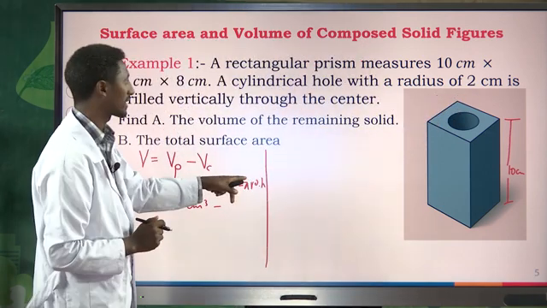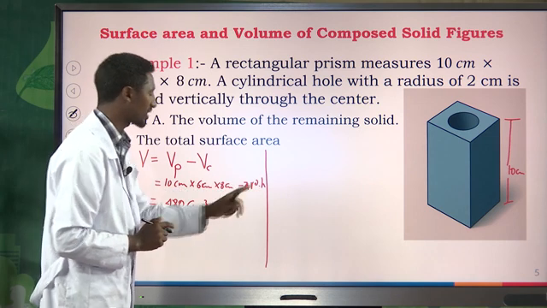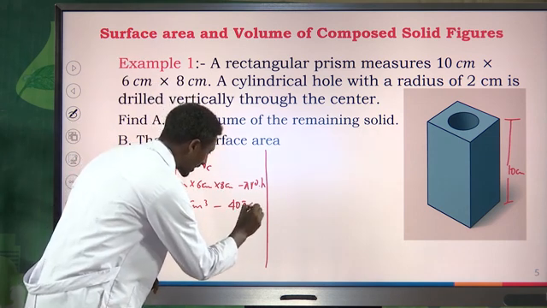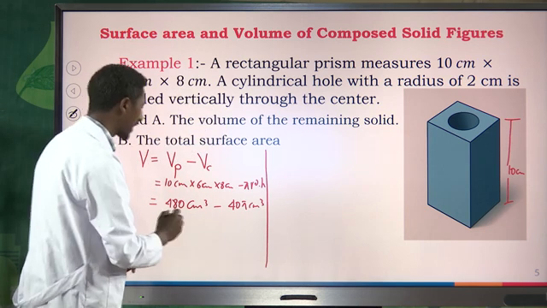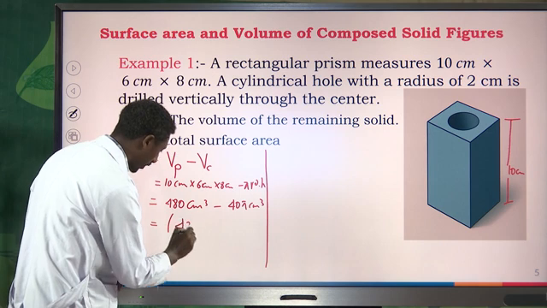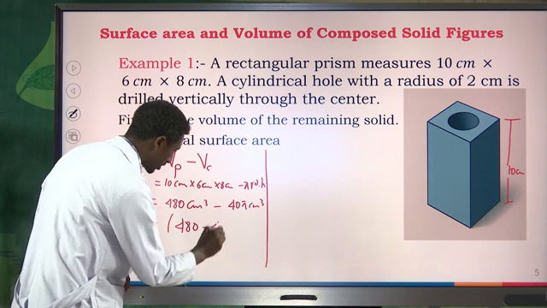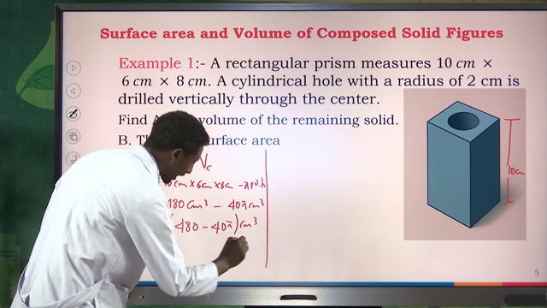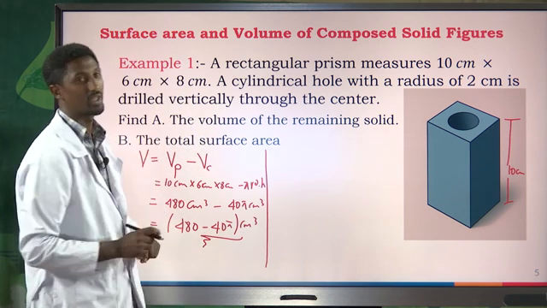So r squared is 4, then times 10, that is 40 pi centimeters cubed. So we can put it in terms of pi: 480 minus 40 pi centimeters cubed is the volume of the remaining composite solid figure.